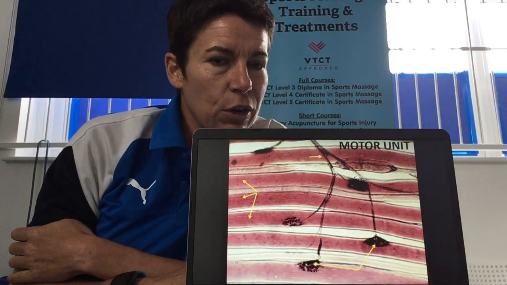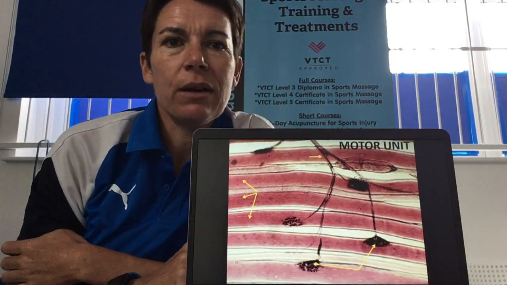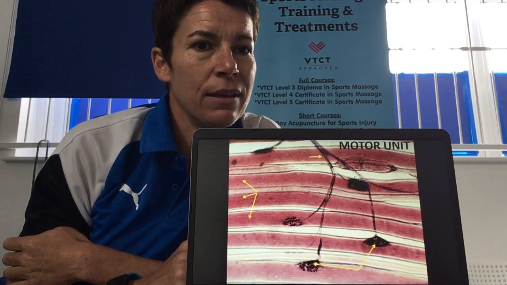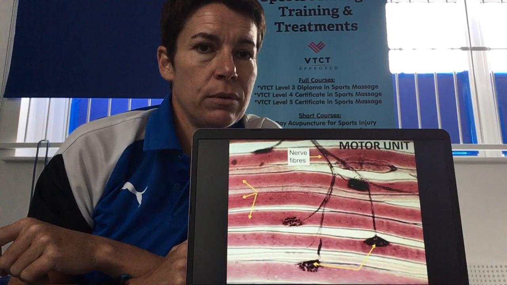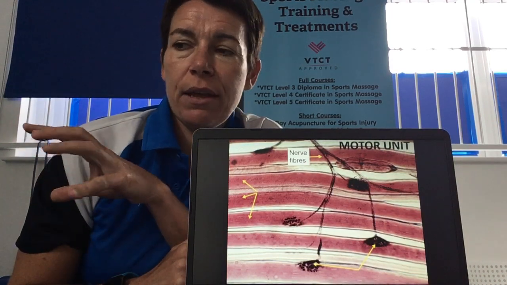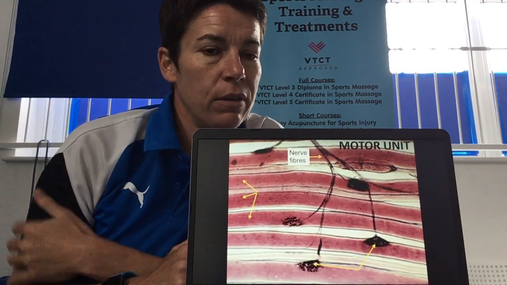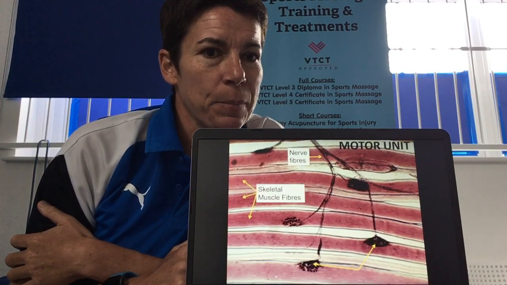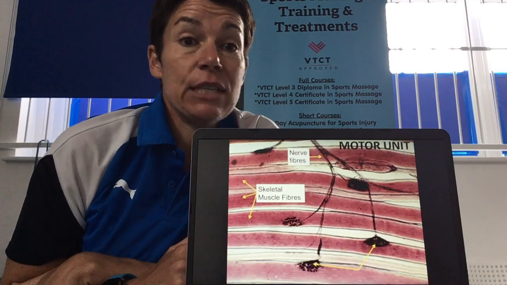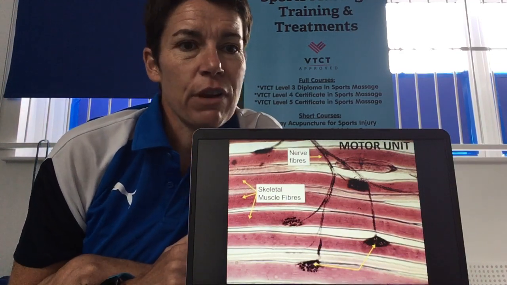Again, this is a better image. This is the nerve coming in. The motor unit is the nerve and the muscle: the one nerve and the fibres that nerve stimulates. So you've got the nerve fibres coming in. They're the skeletal muscle fibres, and you can see the striations.